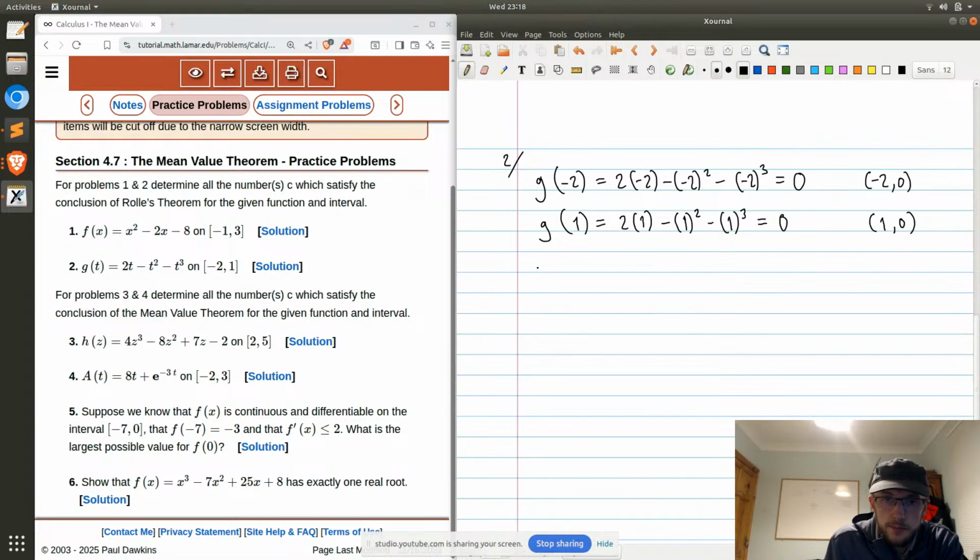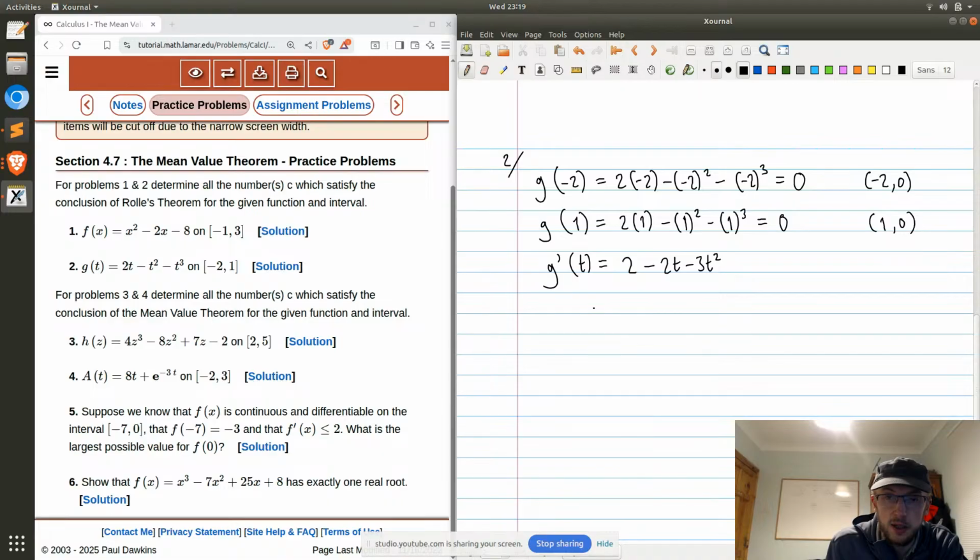Now, compute g prime of t. G prime of t is t. No, it's not. It's 2 minus 2t minus 3t squared. Then, in this case, it just so happens that these points also are on the axis.